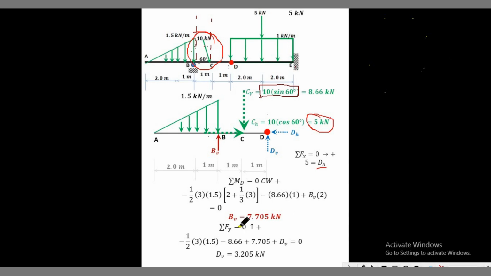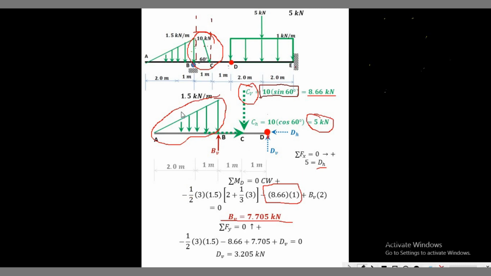Itong BV na to, nag-moment ako kay point D. So, itong CV, 8.66, the moment arm of this is 1. Right? Then this triangle here, counterclockwise kay point D, so negative.